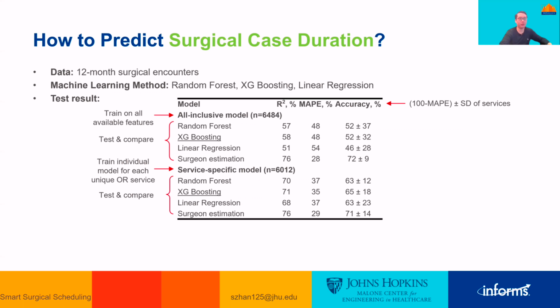The evaluation metrics are R squared, mean absolute percent error, and the accuracy, which equals 1 minus MAPE plus minus standard deviation. The conclusion is that service-specific models perform better than all-inclusive models, and XG boosting slightly outperforms other algorithms.